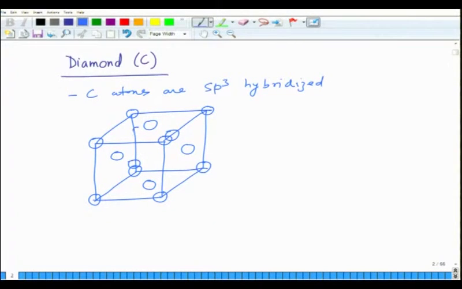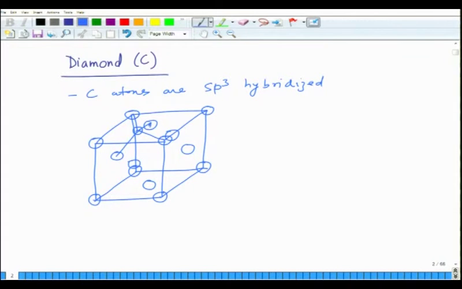You have a carbon atom here which is covalently bonded to this, that, and the one here and the one here. Okay. So they will make a tetrahedra. Let me just draw it again. So it will make 4 bonds.